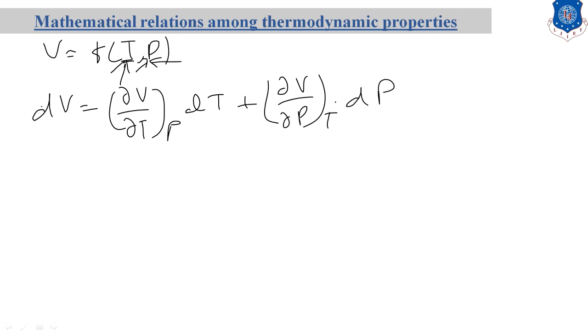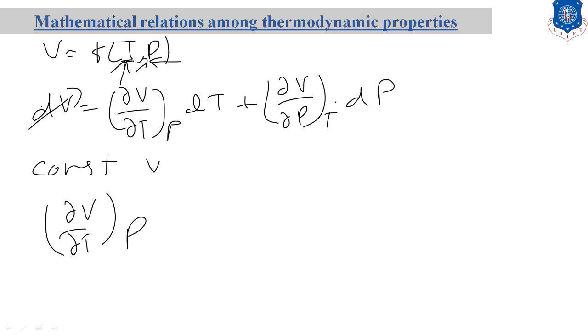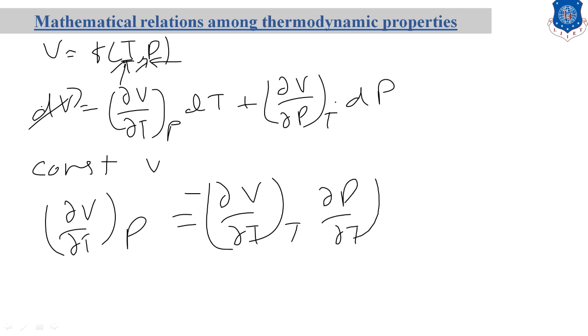By taking constant volume, the left side becomes 0, so del V upon del T at constant pressure is equal to minus del V upon del P at constant temperature into del P upon del T at constant volume.